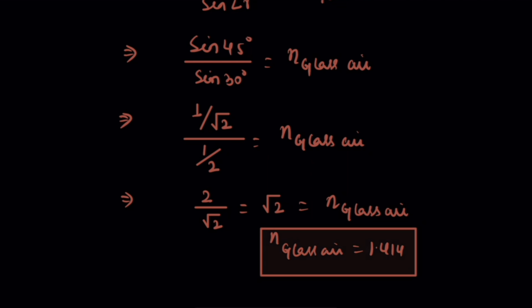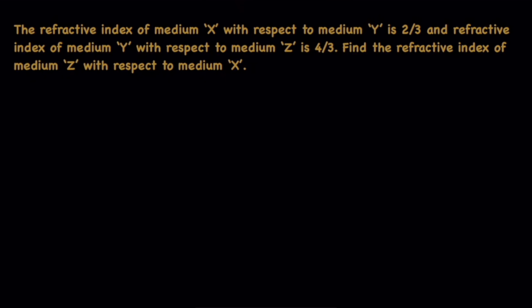Let's move to the third question. Here in this question, it is mentioned that the refractive index of medium X with respect to Y is 2 by 3 and the refractive index of medium Y with respect to medium Z is 4 by 3. Find the refractive index of the medium Z with respect to medium X. So first we write the given values.